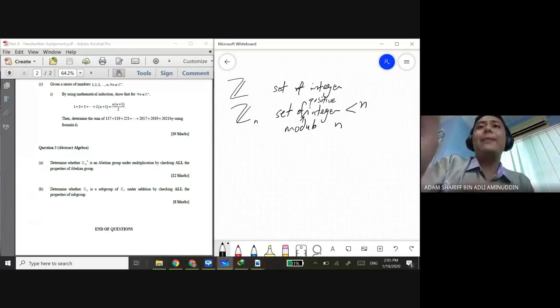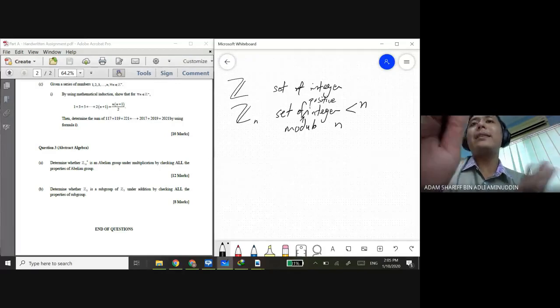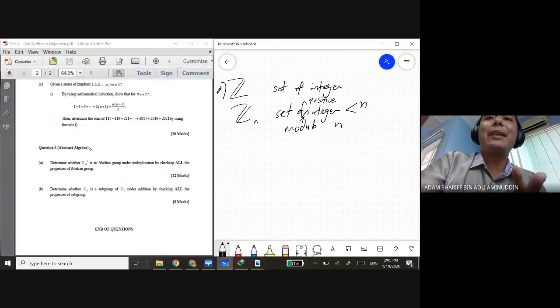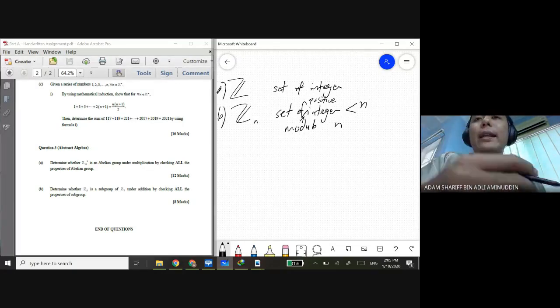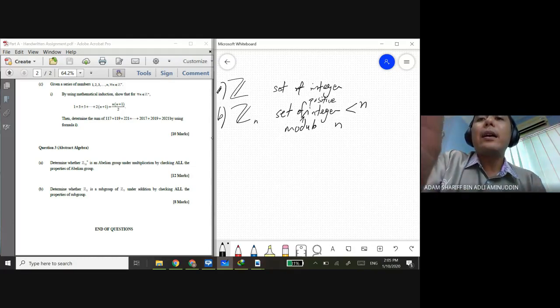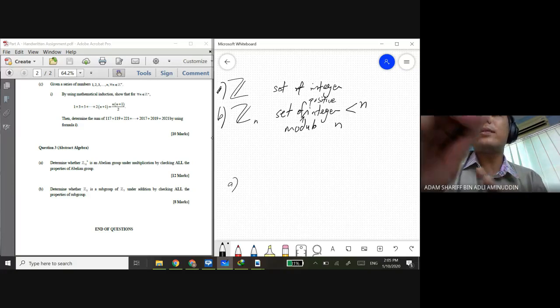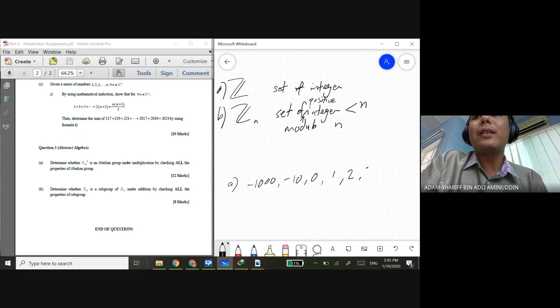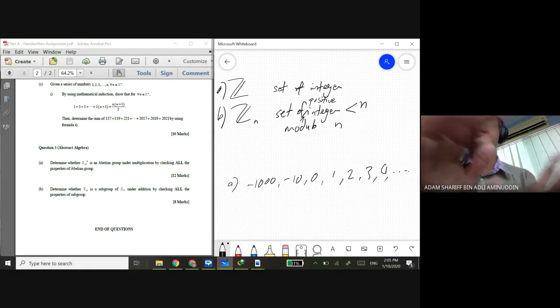Before I proceed, what is the difference between A and B? The first one, A, includes every integer out there, including negative 1, negative 1,000, negative 10, 0, 1, 2, 3, 4, every integer.